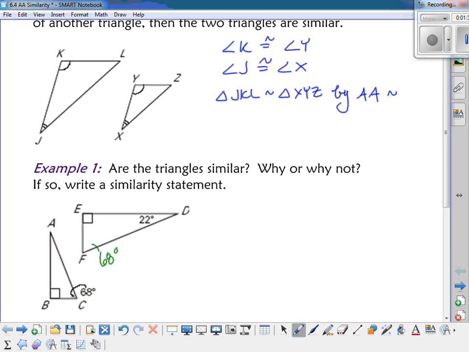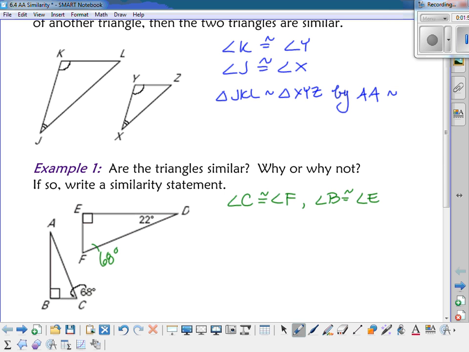And once I've done that, I can see that I have two sets of congruent angles. So I've got angle C is congruent to angle F, because they're both 68 degrees, and angle B is congruent to angle E, because all right angles are congruent.